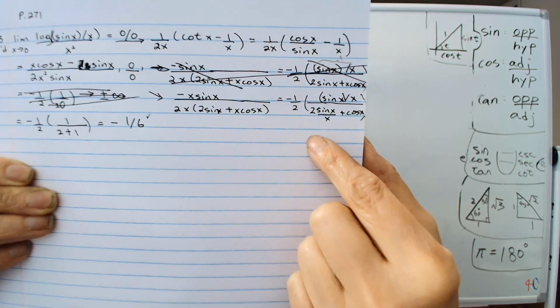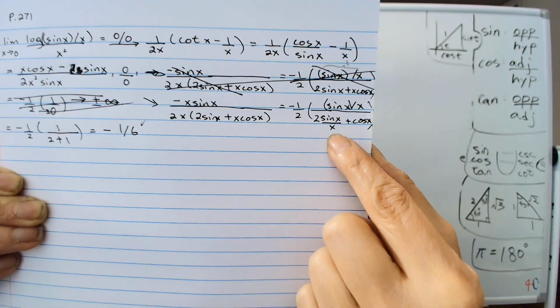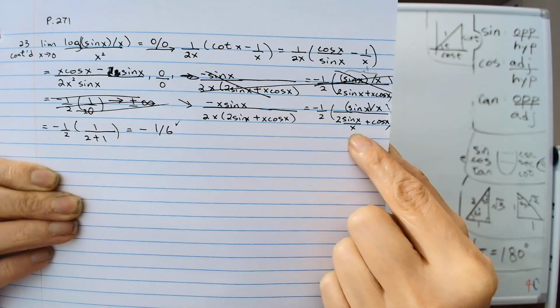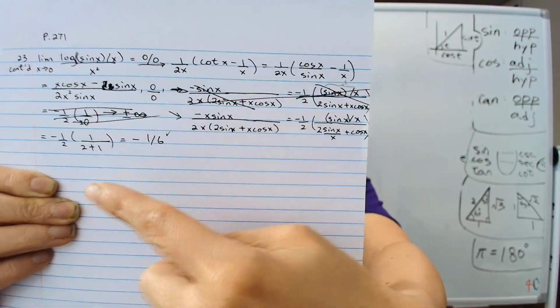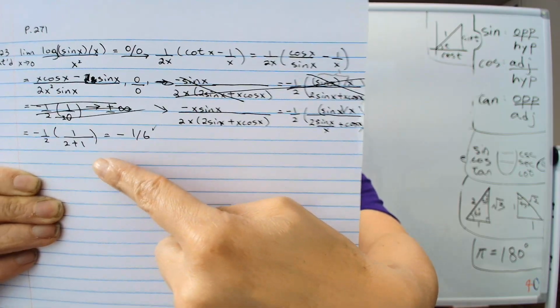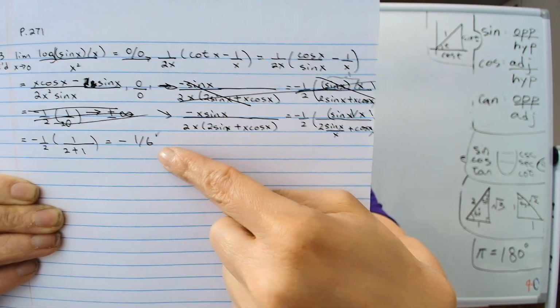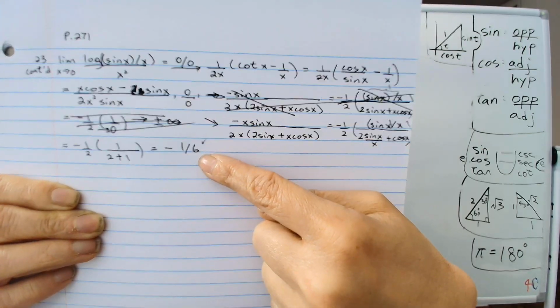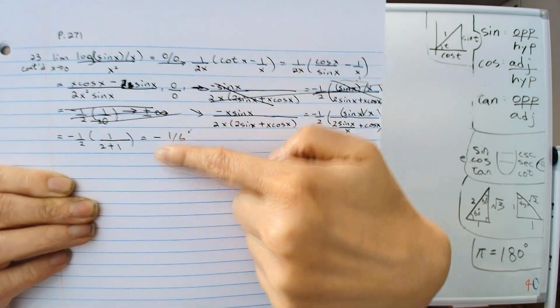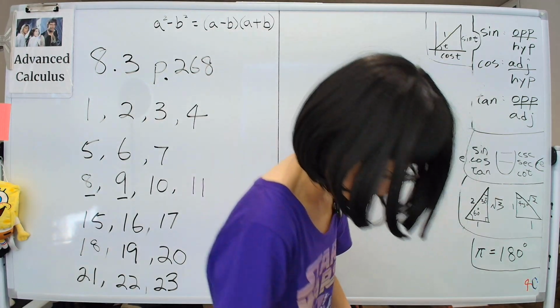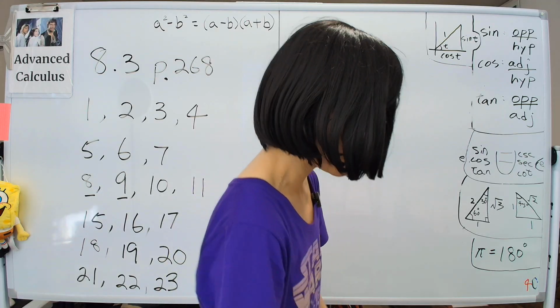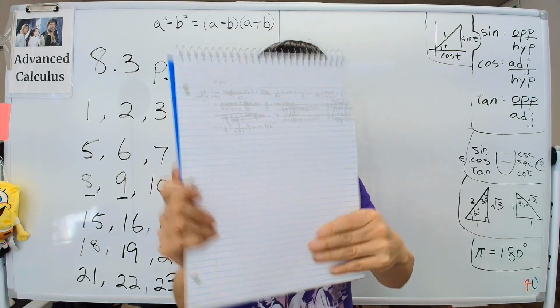And remember, sine x over x equals 1 because x is approaching 0 here. So that becomes minus 1/2, and then there's a 1 on top, a 2 on the bottom, and 1. Altogether it becomes negative 1/6. And that is what the function is going to. The book calculated it in the wrong way to be minus 1/2, which is wrong. The actual answer is negative 1/6.